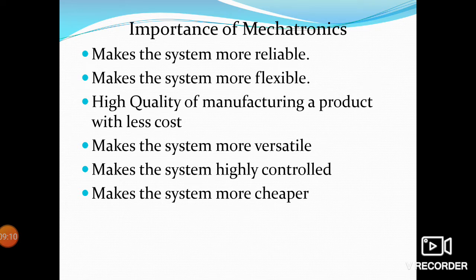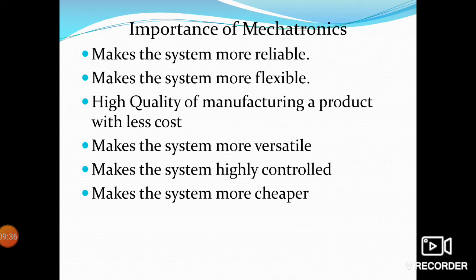Reliable means what? If we consider production efficiency, it can be achieved to the required degree by the industries. This is called reliability. So there is no question of stoppage of production. The production continues continuously because of mechatronics, because of the integration of automation into the mechanical and electronics. Like, it makes the system more flexible.